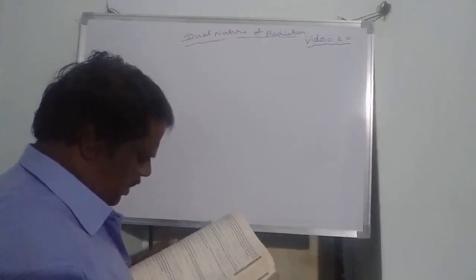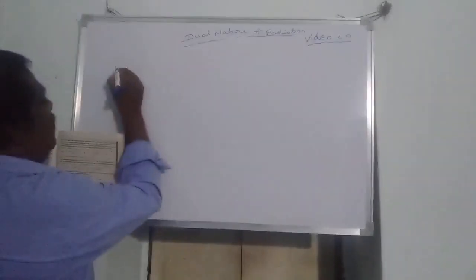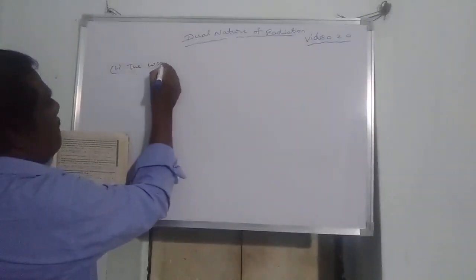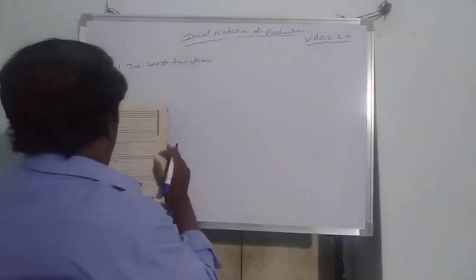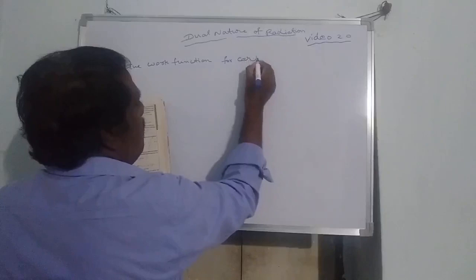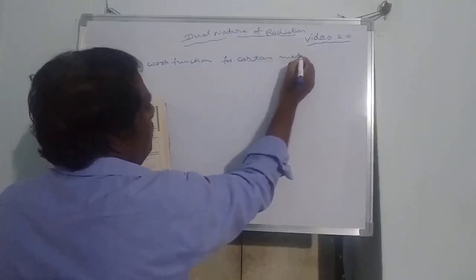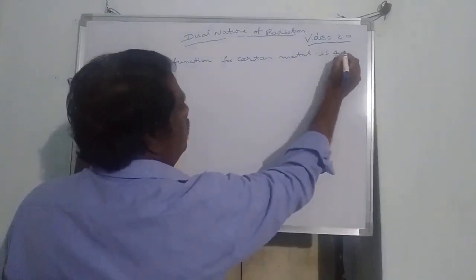So let us see the next problem they have given. What are the formulas we have to use for solving the problem? Okay, note down the next problem. The work function for a certain metal is 4.2 eV. EV means electron volt.